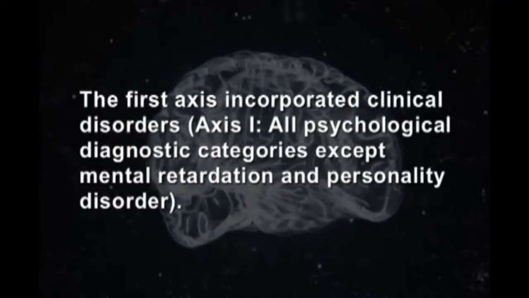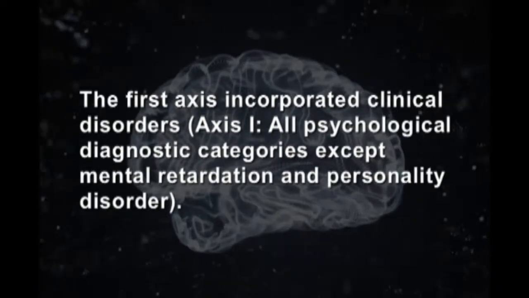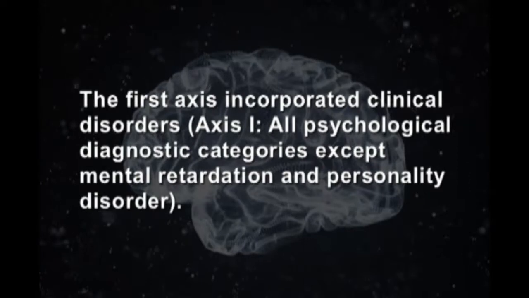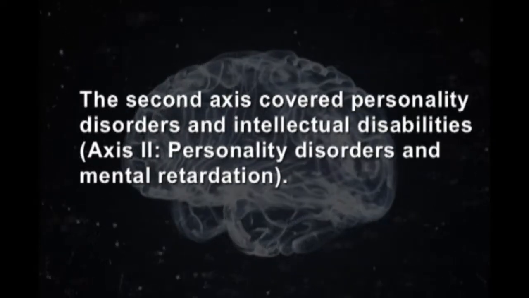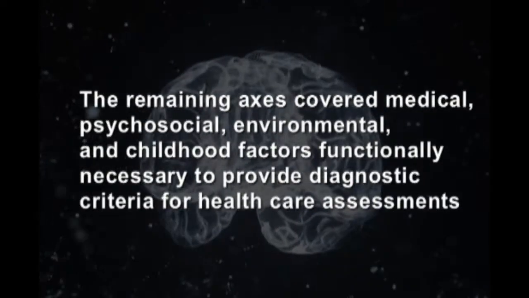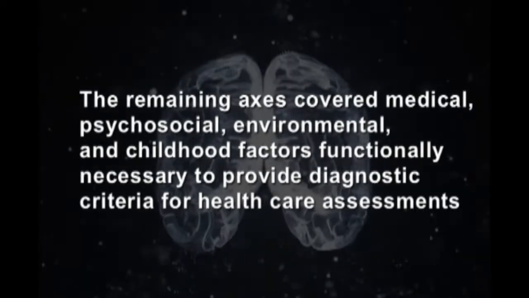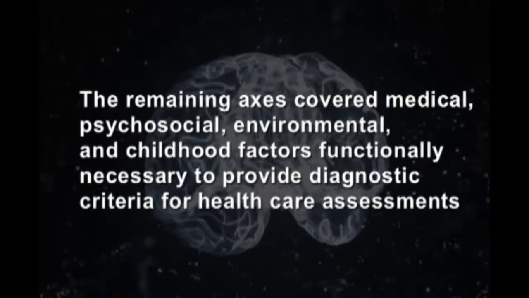The first axis incorporated clinical disorders, where in Axis 1 all psychological diagnostic categories except mental retardation and personality disorder were included, and the second axis covered personality disorders and intellectual disabilities. Then the remaining axes covered medical, psychosocial, environmental and childhood factors functionally necessary to provide the diagnostic criteria for healthcare assessments.